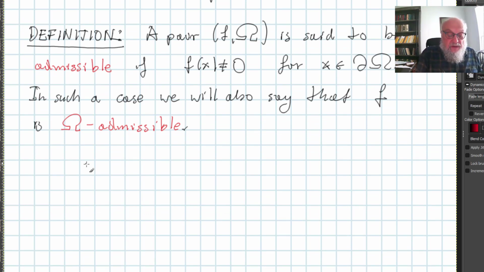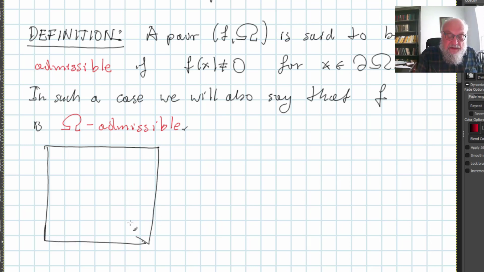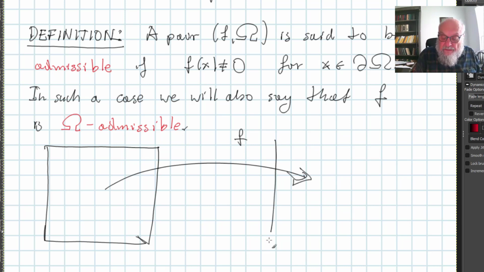So in a certain way you can imagine that this one is our Rn, a plane. Here we have a map that goes from Rn to Rn. So this is f, and this is going to another copy of the same space.